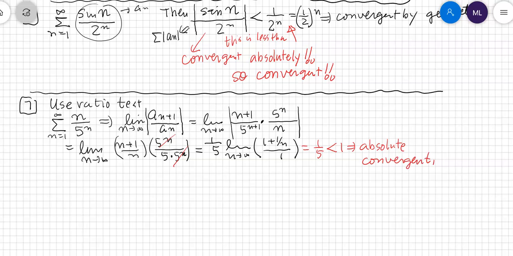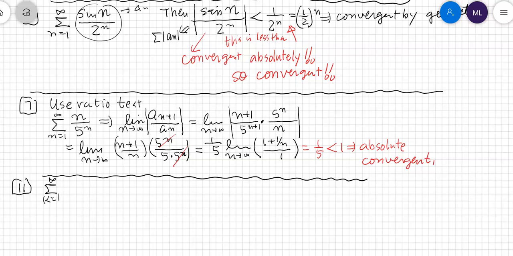Okay, so let's go to number 11. What is number 11? Number 11 is summation k equal 1 to infinite 1 over k factorial. Then what is the limit of a n plus 1 over a n?